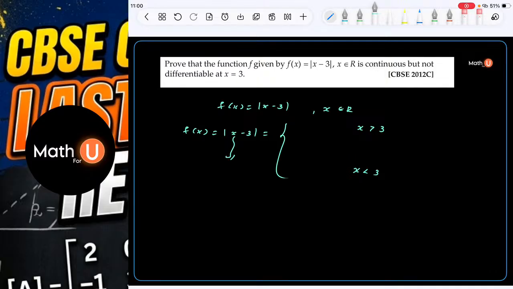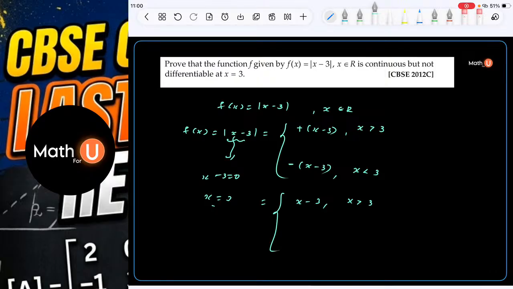Whatever the function inside, equate to 0. You get x equal to 3, then define like this: x greater than 3, x less than 3. If x is greater than 3, this modulus is opened with a plus sign. For x less than 3, this modulus is opened with a minus sign. Then simplify further: x minus 3 for x greater than 3.